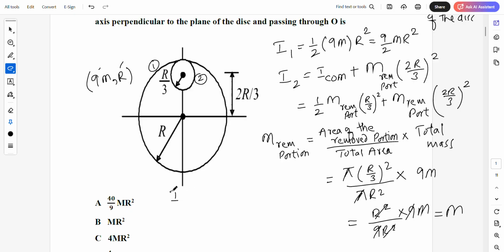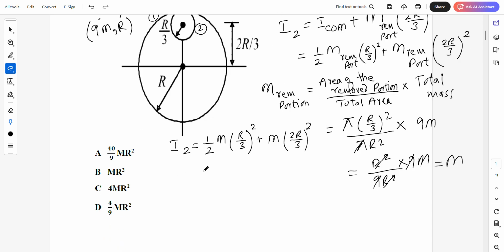I2 is equal to how much? I2 is equal to 1 by 2, the mass of the removed portion m into r by 3 the whole square, plus the mass of the removed portion again m into 2r by 3 the whole square. Now that is equal to 1 by 2 m r square by 9 plus m 4r square by 9.